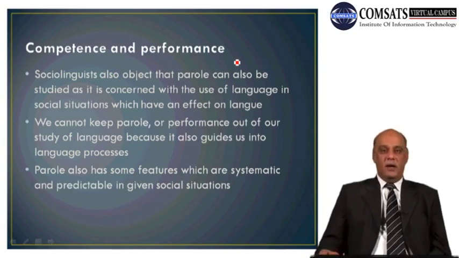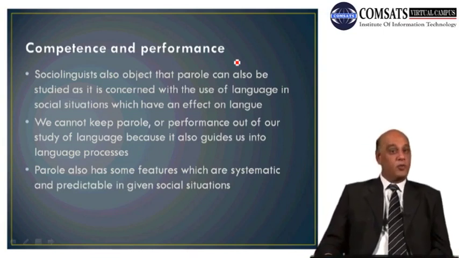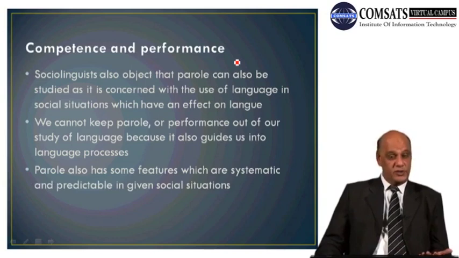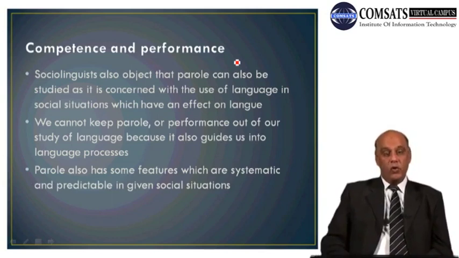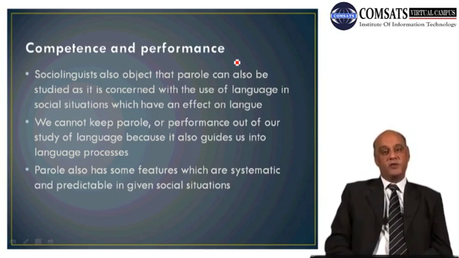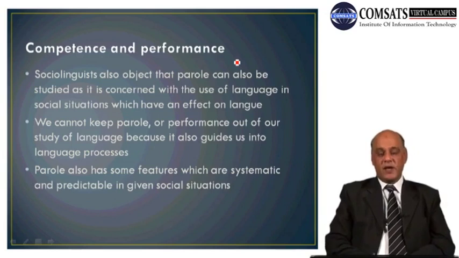You can't expect to use different language, because that would be considered a misfit, inappropriate according to the social situation. So parole also has some features which are systematic. Parole also enjoys a system, because there is a fixed kind of parole which is used in different social situations.